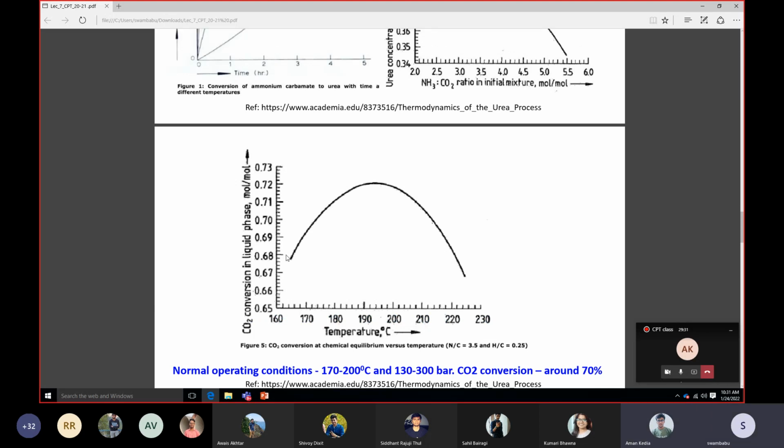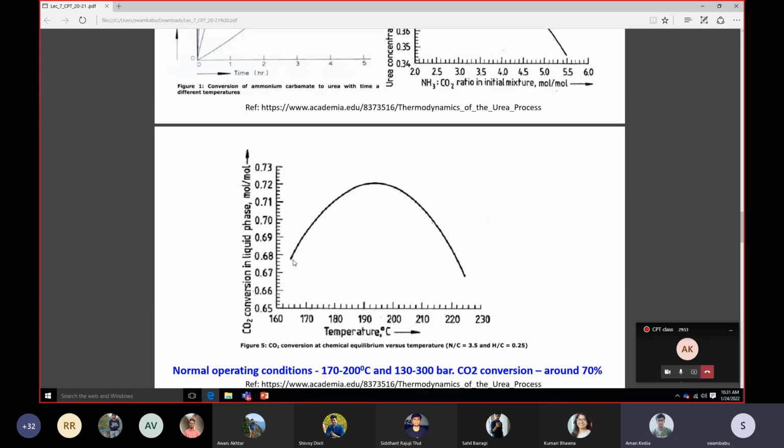CO2 conversion in the liquid phase, that is ammonia reacting with CO2, both happen in the liquid phase. Now you can see that the optimum temperature is between 190 and 200.